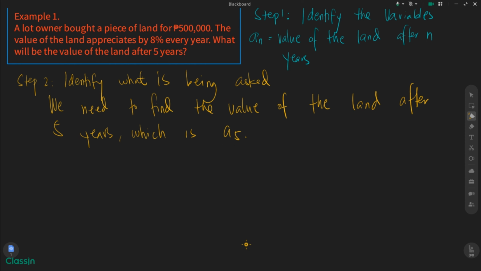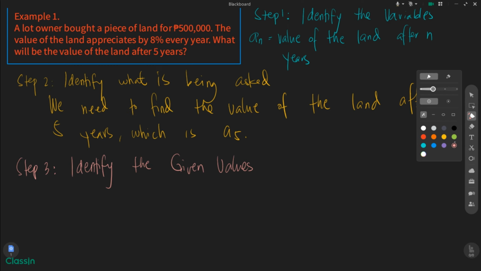Now let's move on. The next step is the given, of course. Step 3, identify the given values. So what are the given?